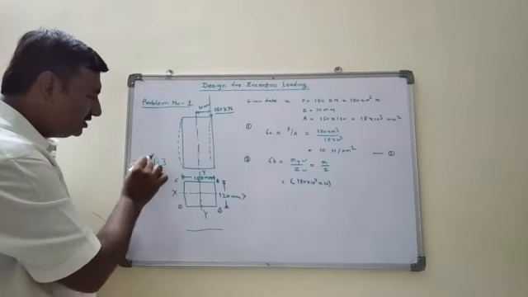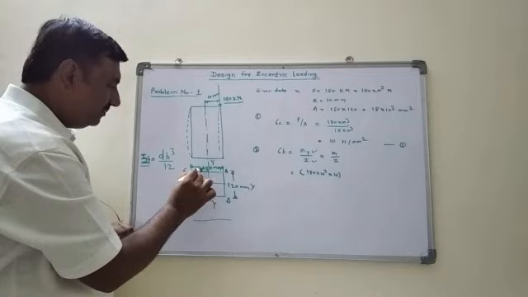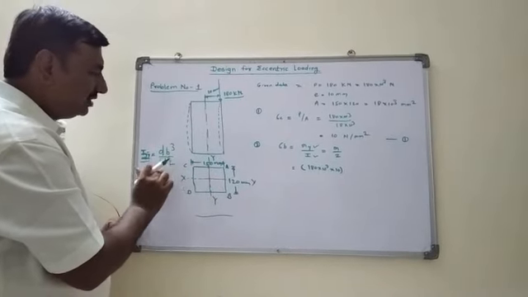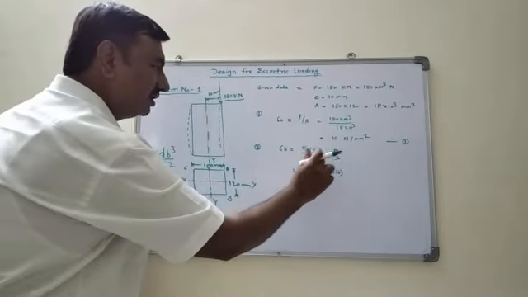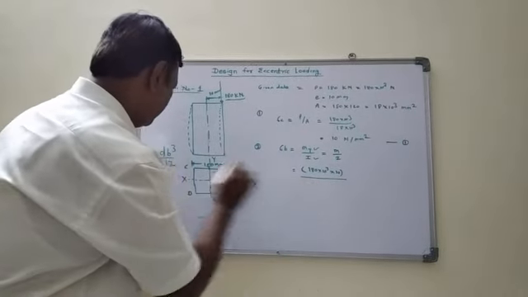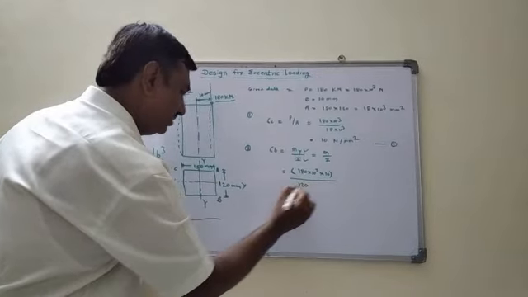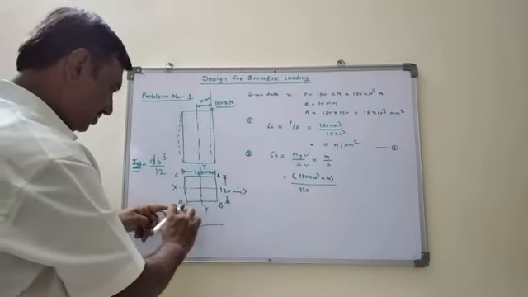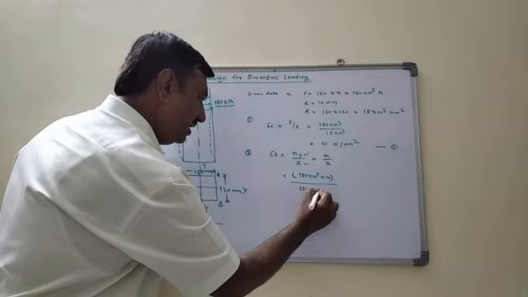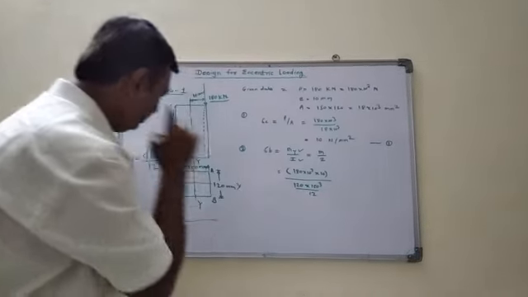So here D means vertical, that means 120, and B means horizontal, that is 150 cube by 12. So the moment of inertia is 120 into 150 cube by 12.